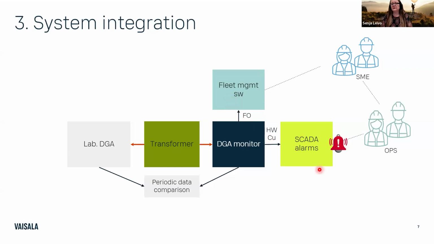They don't want the additional data on the SCADA slowing it down. So all the measured gas data goes here, and then the monitor is hardwired, usually with just copper wires, through relays to the SCADA system of the utility.